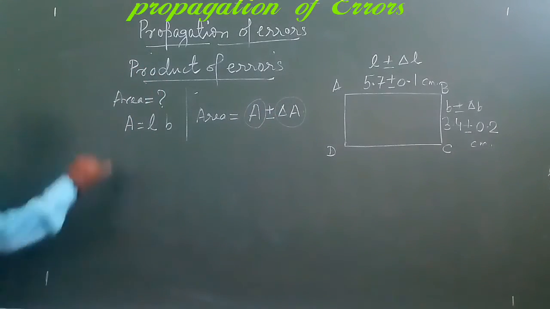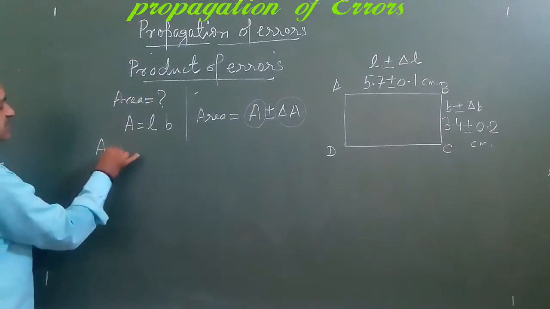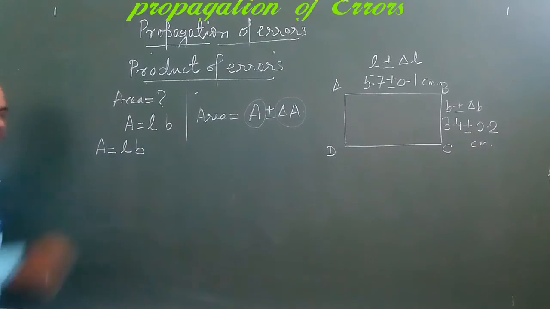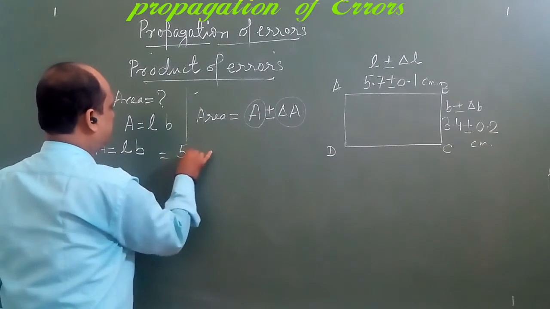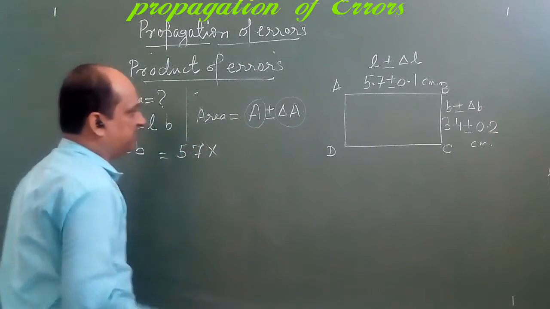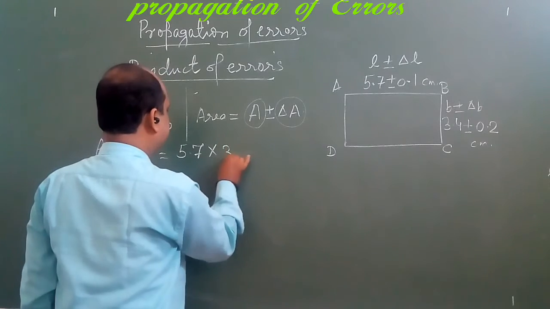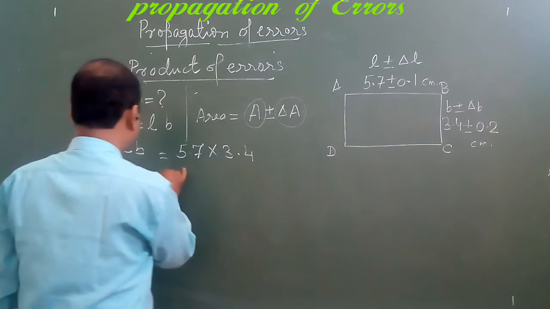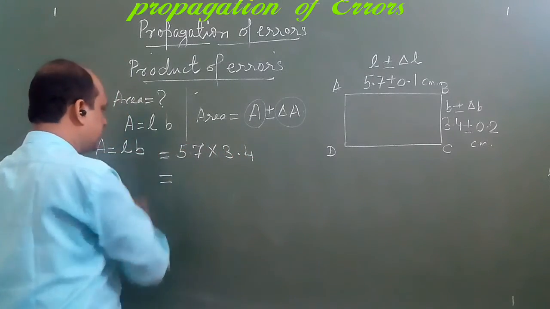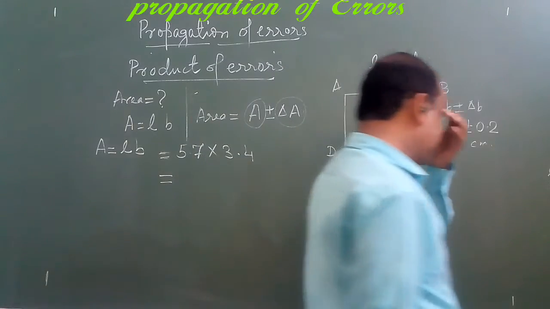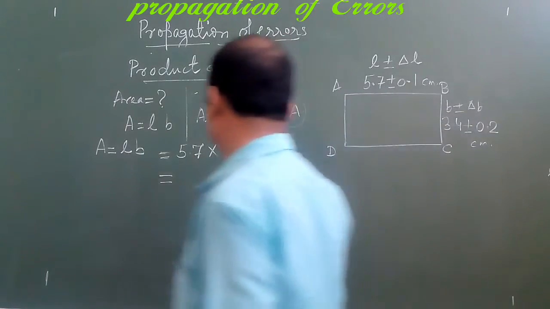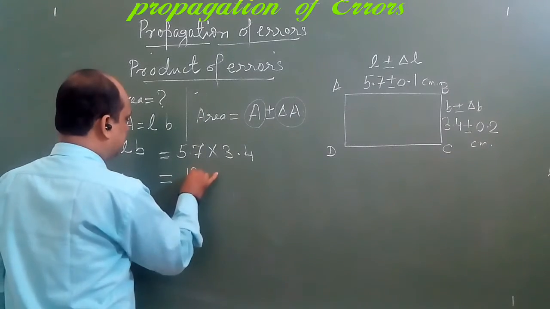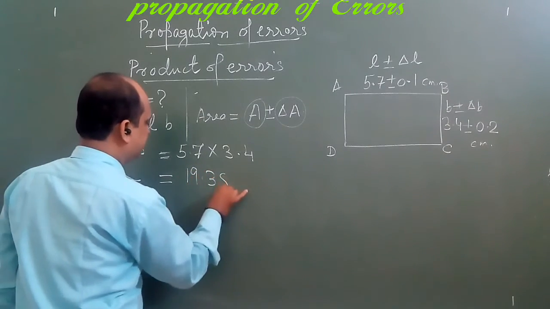So for A, we know that the formula is A equals L multiplied by B. So we have the values: L is 5.7 multiplied by 3.4. When we perform the calculation, 5.7 multiplied by 3.4 comes to 19.38.